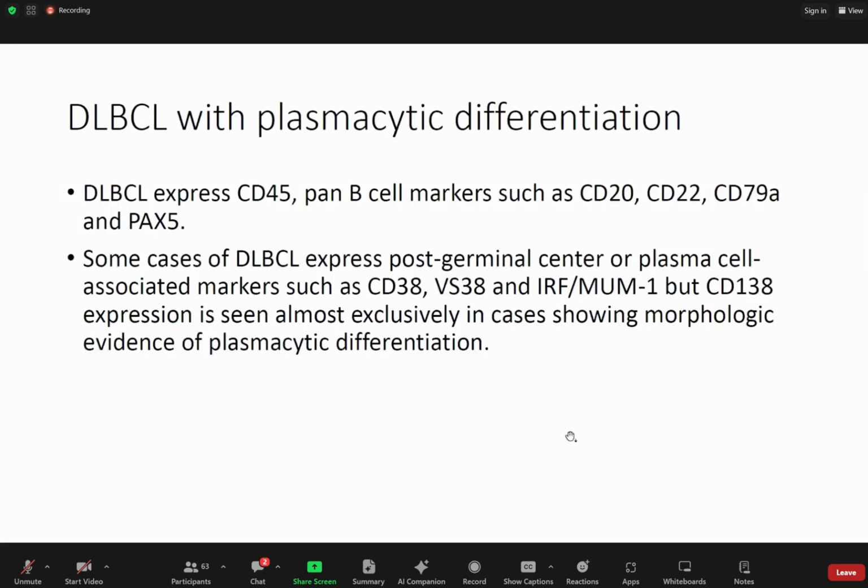So it is not LPL because of the high Ki67. It's not plasmablastic lymphoma because the Ki67 is not approaching 100%.